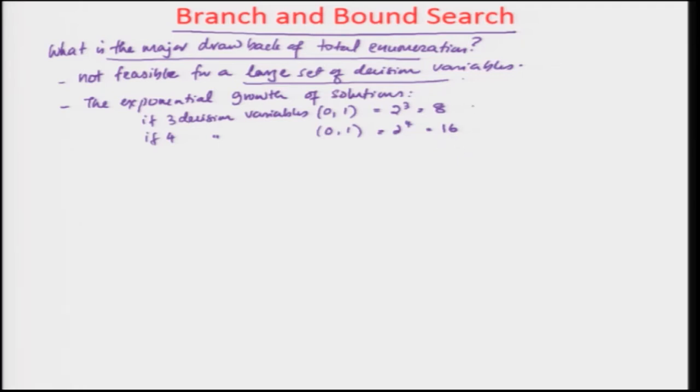So, this solution space will grow exponentially. If you draw a graph with the number of decision variables on one axis and the solutions on the other, the growth will be exponential. If there are 5 variables, you will look at 32 options. Pretty soon it becomes manually impossible for you to evaluate.